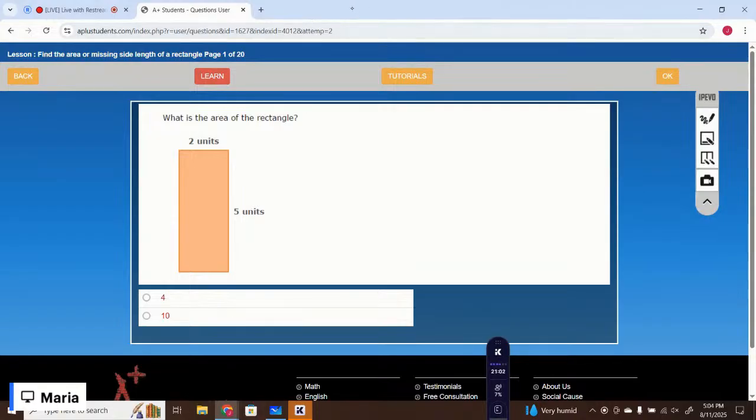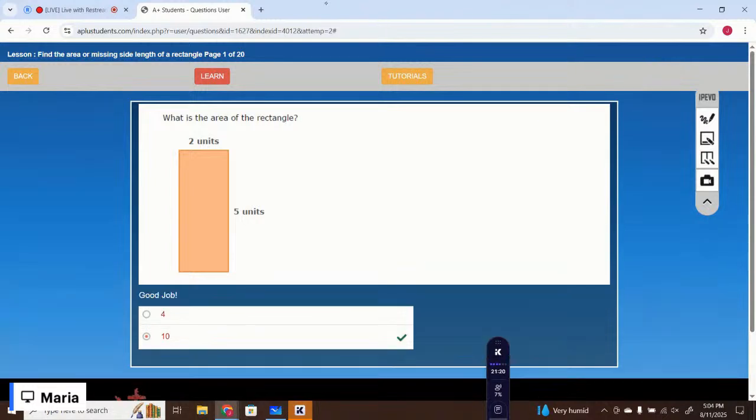What is the area of the rectangle? You need to multiply length times width, right? Two times 5 is 10. Option number 2 is the correct option. That is 10.